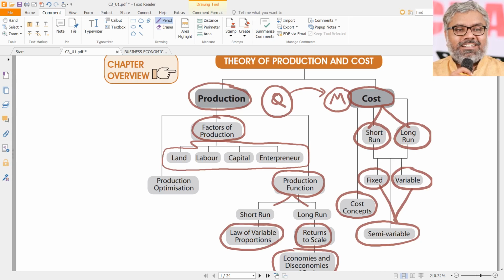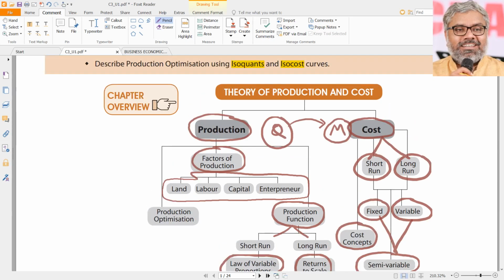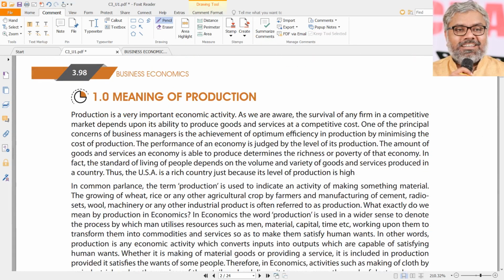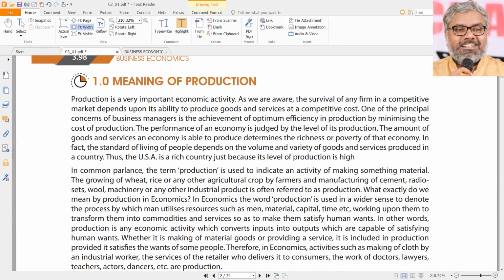That has to be kept in mind when we talk about theories. When we just talk about generally what is production, what is land, what is labor, so many general items are there before we actually enter into the theory of production. So let us start with understanding the meaning of production first of all. What does production mean?